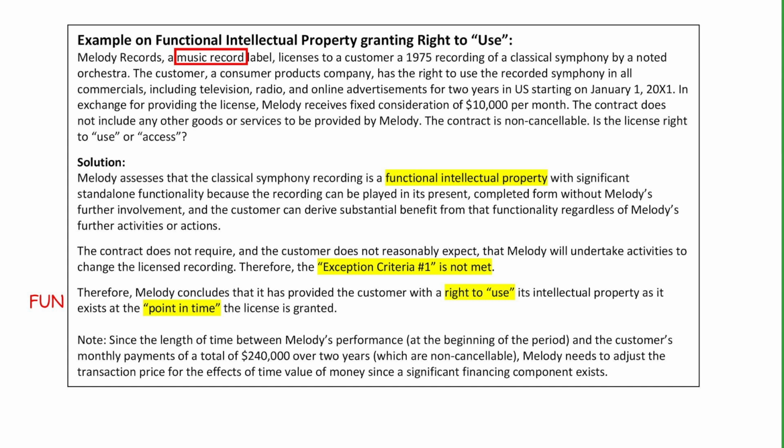That's $240,000 right now. The only consideration here is that since the time period is over 2 years and it's greater than 1 year, Melody needs to adjust the $240,000 transaction price for the effects of time value of money because of a significant financing component.